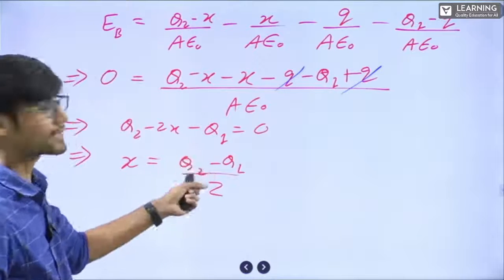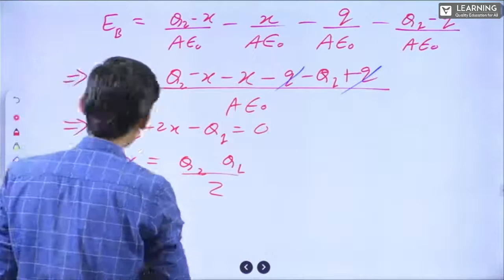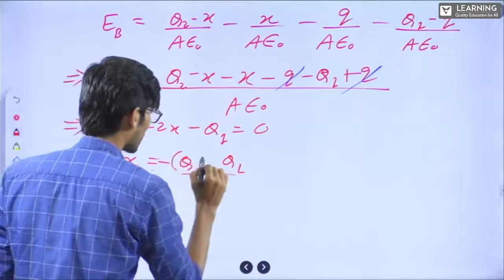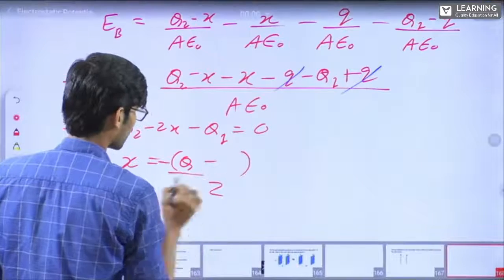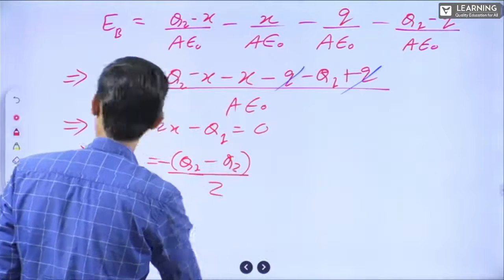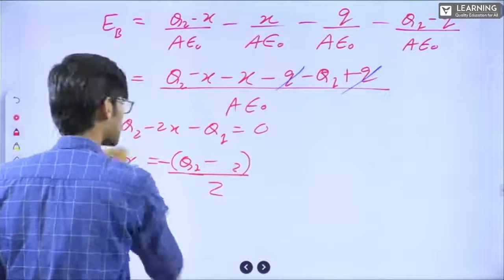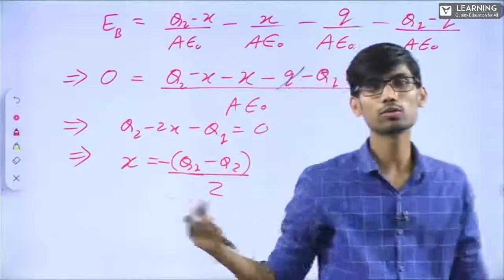Can I write this as minus Q1 minus Q2 by 2? If I take this minus sign out, can I write it like this? Minus Q1 minus Q2 by 2. It was Q2 minus Q1 by 2.